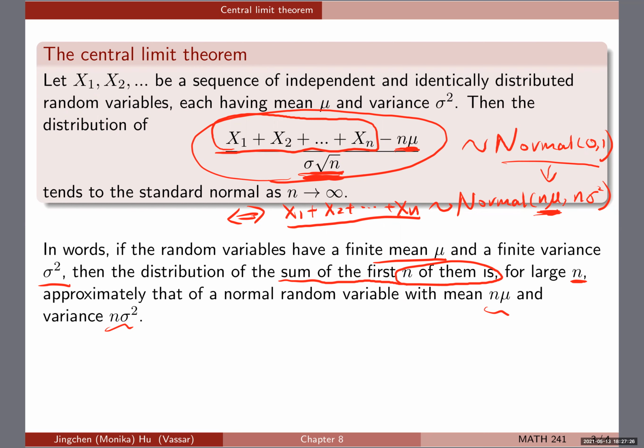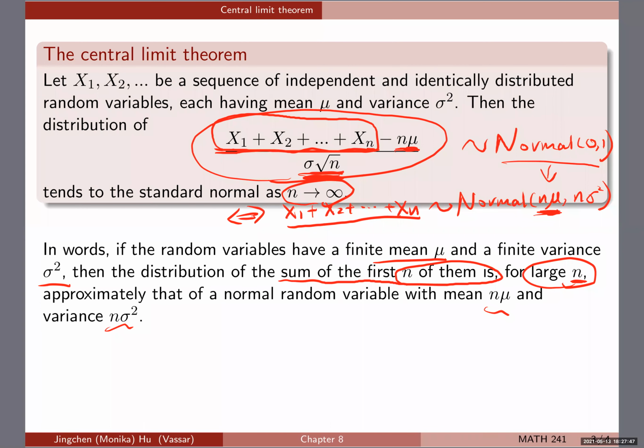If you're curious about why they say n has to be large enough, that's why we want large enough samples. X1 to Xn, you can think of them as observations in a sample. If n is too small, this doesn't hold, so you don't know much about the sum of all of them.